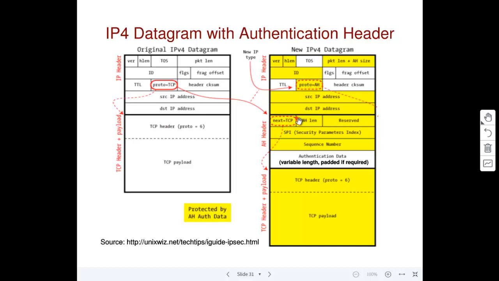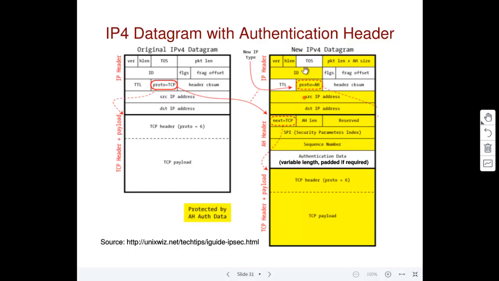Since here you are using IPSec, the next protocol header is the authentication header. There is a code for the authentication header, and that's what you indicate in the next protocol field. In the authentication header, there is its own next protocol field, and there you indicate TCP, telling the processing side that after the IP header, the next header to be processed is the authentication header, and after it, the TCP header.